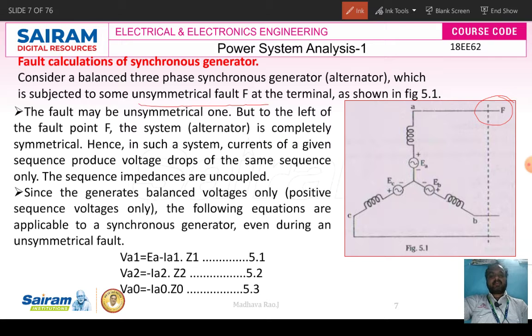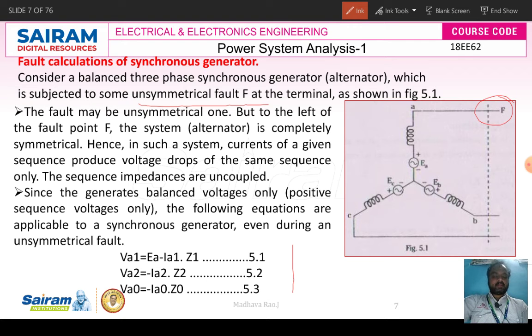The following equations, so here we have three equations: VA1, VA2, VA0 belong to the synchronous generator even during unsymmetrical faults. VA1 is equal to induced voltage EA minus IA1 into Z1.